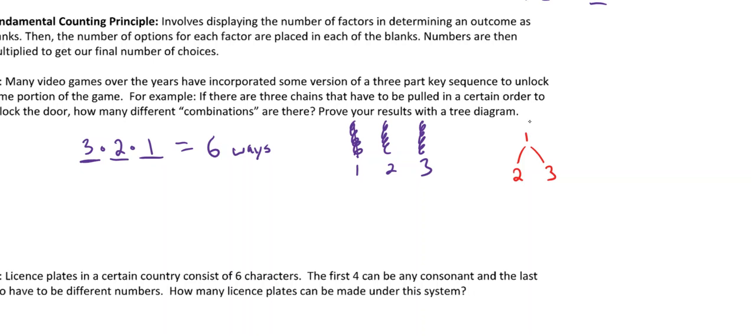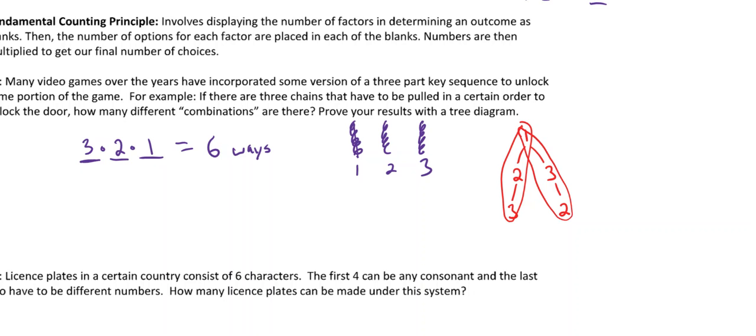And let's say if we pulled chain number 1 and then chain number 2, well then after that I have to pull chain number 3, right? So that's one path through, where that could have been the situation that happened. Or if I pulled chain number 1 and then chain number 3, well the next one would be to pull chain number 2. And there's another path.